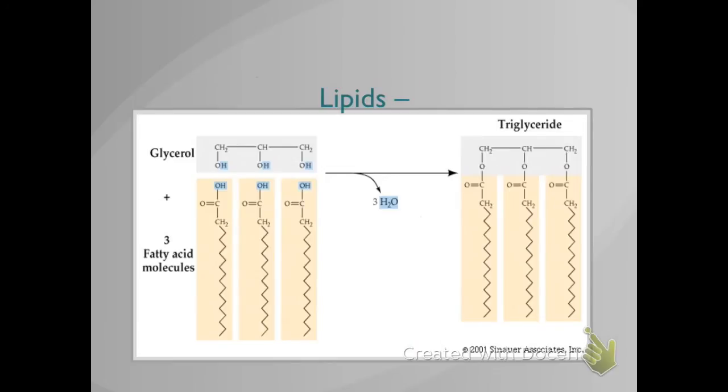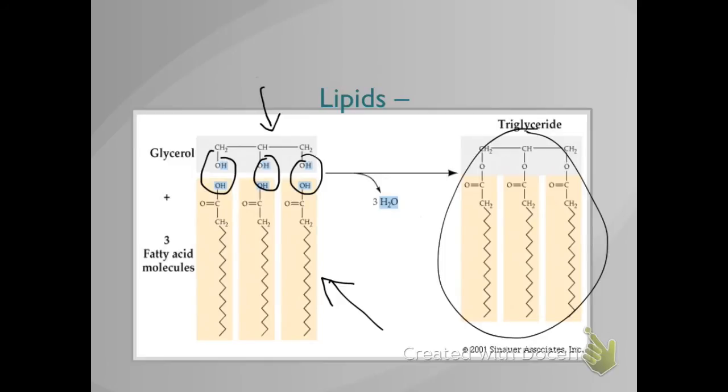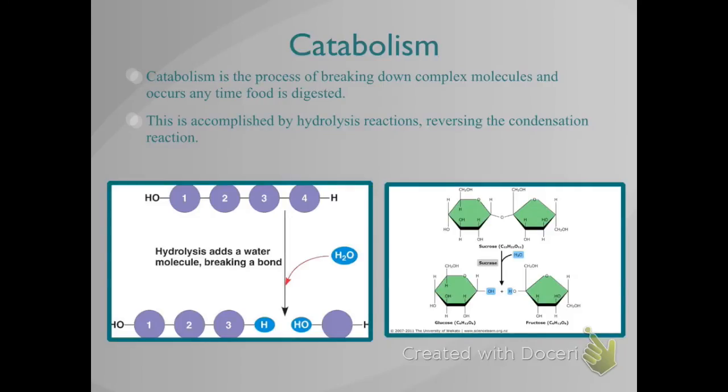This is the building of a triglyceride, so it's actually a more complex reaction here. We have 3 fatty acid chains and then 1 glycerol. So we've actually got 3 condensation reactions occurring here to form this triglyceride, and as a result 3 water molecules are formed. So you will spend some time drawing and taking some more time to understand condensation reactions.